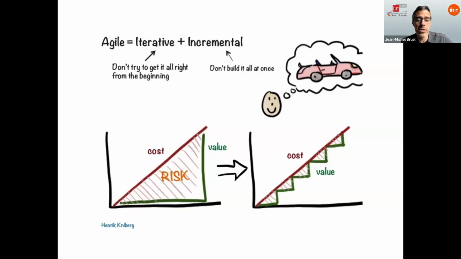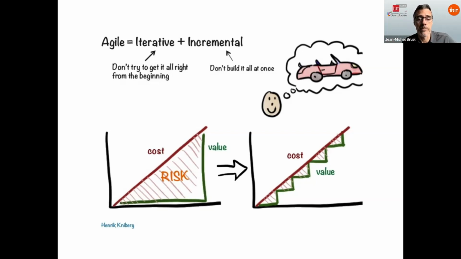And the second effect is that for a long period of time, you don't deliver any value to the company. So if you stop the project at some point in the left part of the process, then the company gets nothing. While if you stop the process at any point in the right part of the process, then even if the customer doesn't have the full value he was expecting, at least he has something.